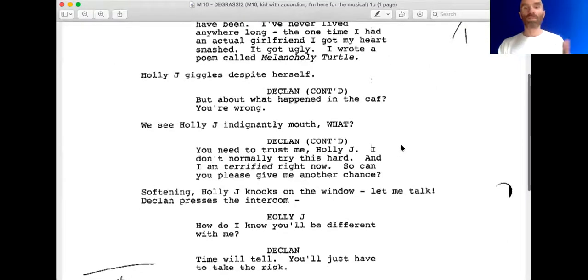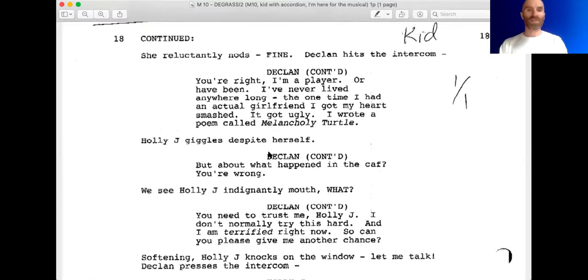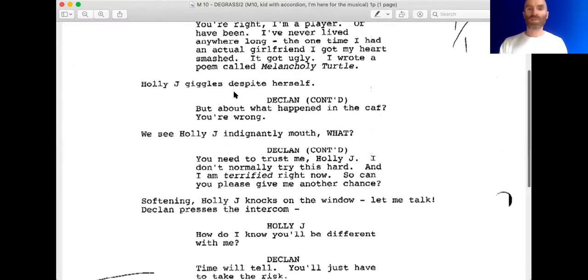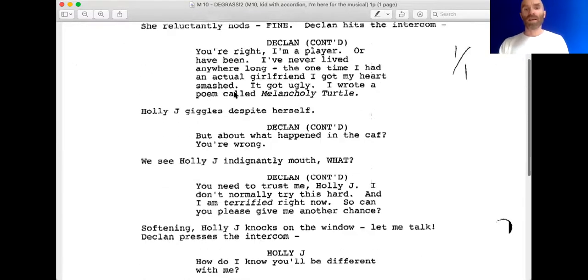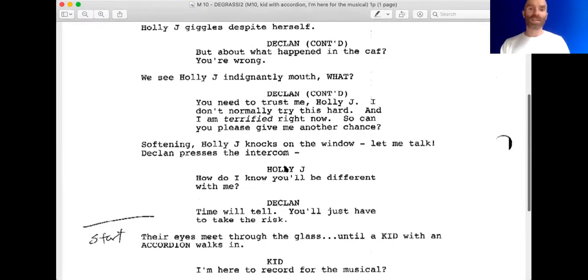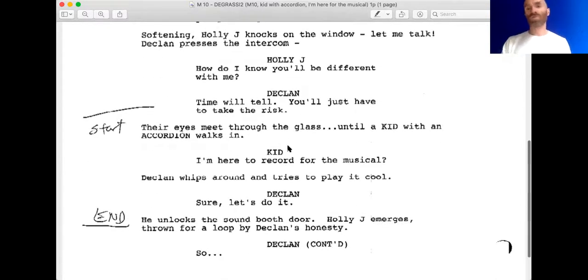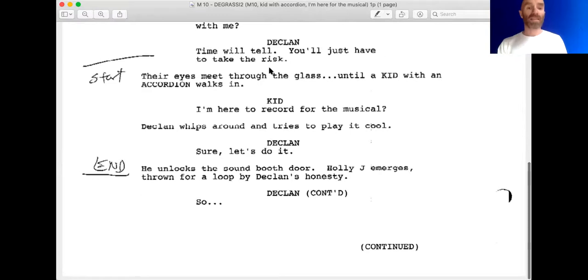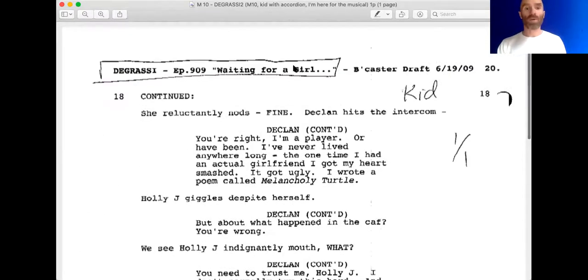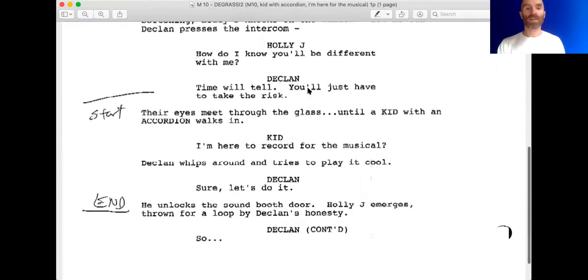So what we've got is, basically, here's the serious conversation between the two, who are like Declan and Holly, and it's their relationship drama. And then this is the actual audition sides for accordion kid.